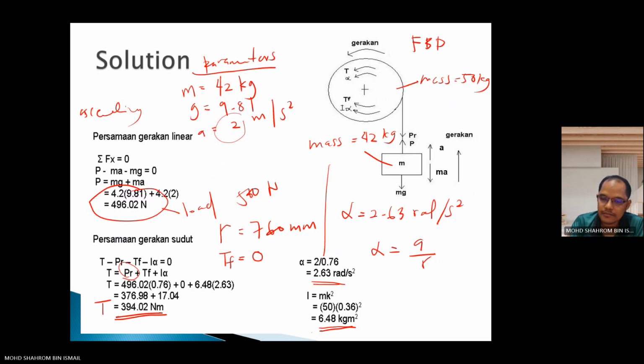For the previous case, since it moves anti-clockwise and P is still upward, A is acting upward.